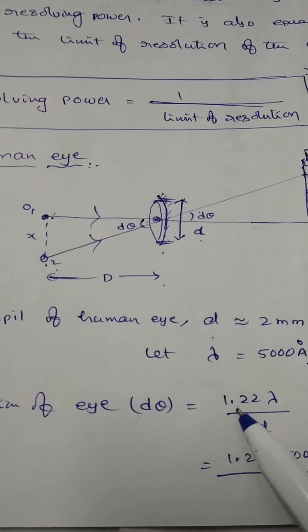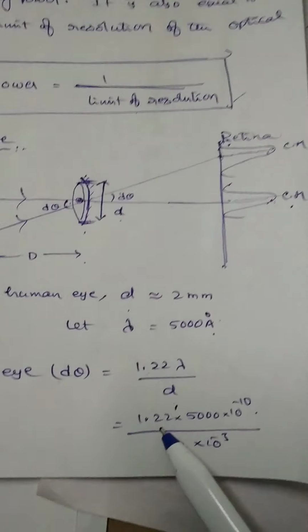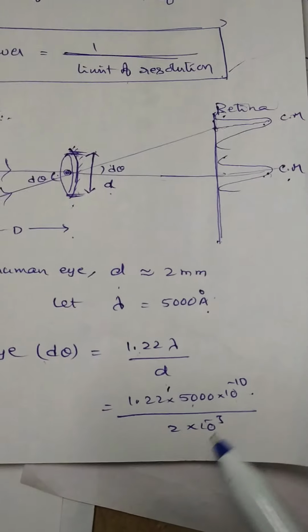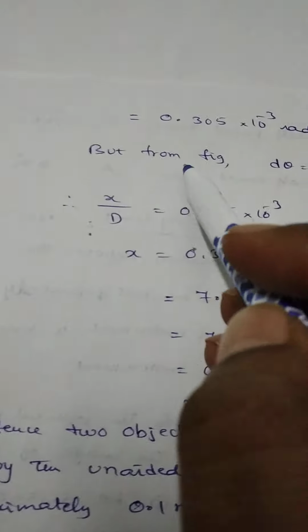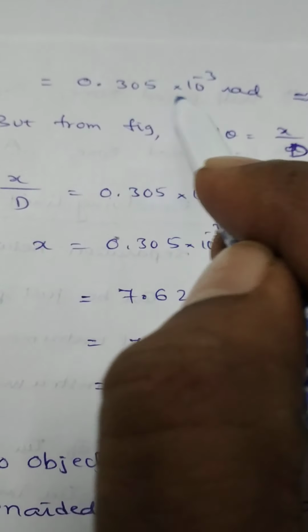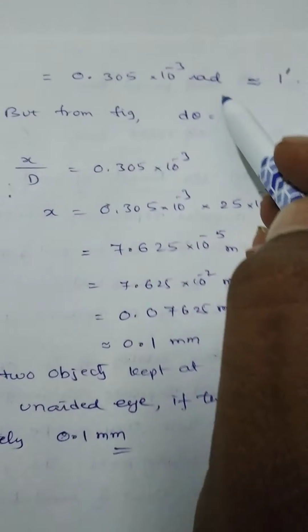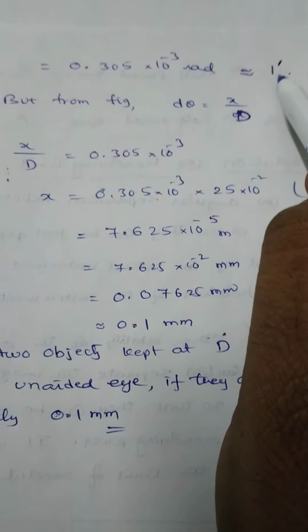So d theta is 1.22 into 5000 into 10 power minus 10 by 2 into 10 power minus 3. After solving, it is 0.305 into 10 power minus 3 radians, which is also equal to 1 minute.